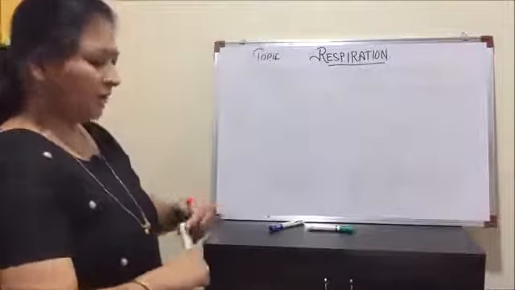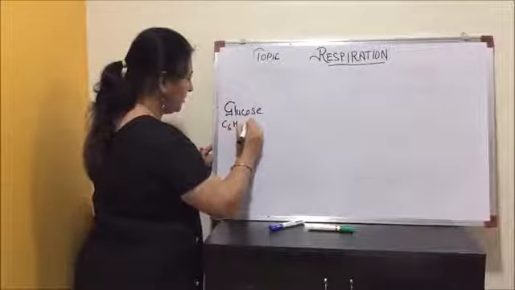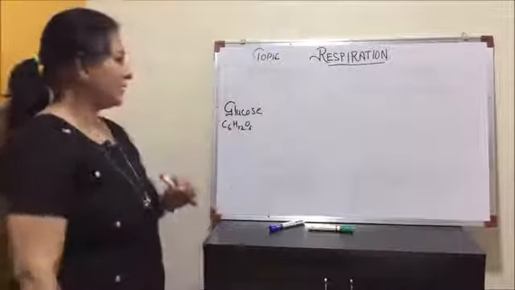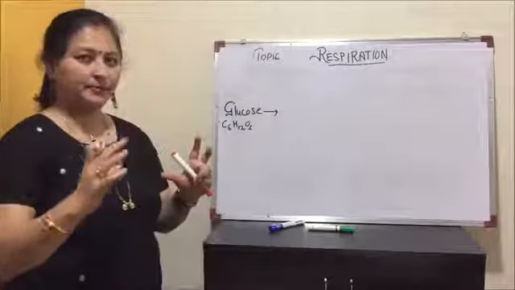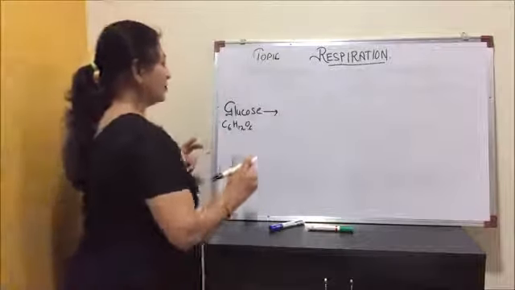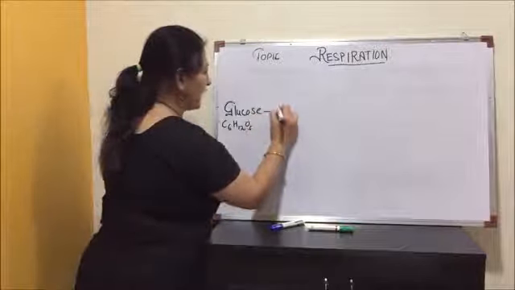Glucose is a 6-carbon compound. By this time you should know glucose is C6H12O6. Clear? Now this glucose first gets broken down into pyruvate or pyruvic acid.